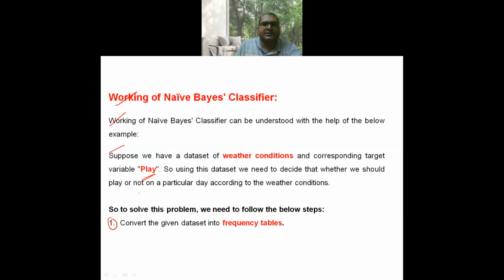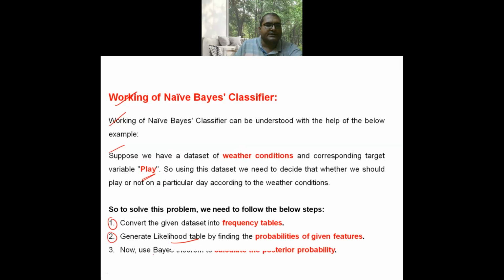Step 1, convert the given data set into frequency tables. Step 2, generate likelihood table or probability table by finding the probability of given features. Step 3, now we use Bayes theorem to calculate the posterior probability. These three steps are to be noted down to solve the problem theoretically.